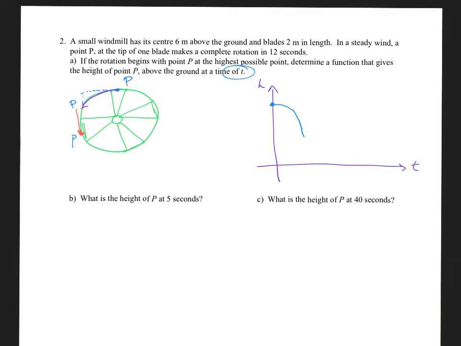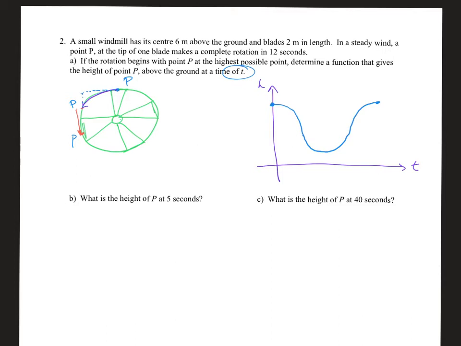So we can tell then that point P is not going to be linear in its height change over time. And then I get towards the bottom and then I wrap back up towards the top, and that would be one complete rotation of point P.